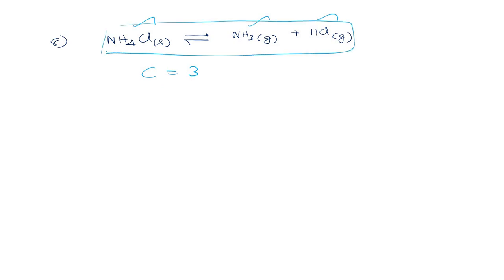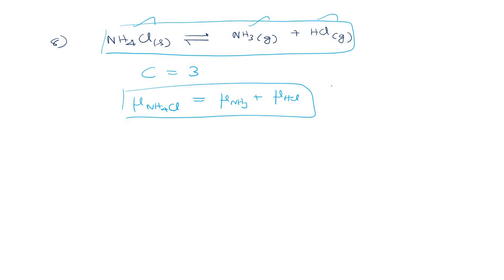So we have to write the condition for equilibrium as an equation. So chemical potential of ammonium chloride should be equal to chemical potential of ammonia plus chemical potential of HCl. This is the equilibrium condition, and for this R equal to 1. We have only one chemical equilibrium here. Then we get 2 products, both are gases.